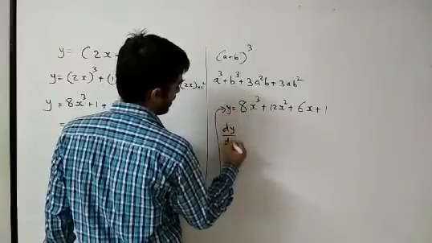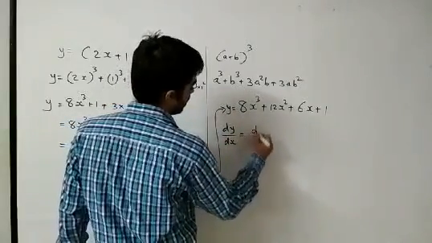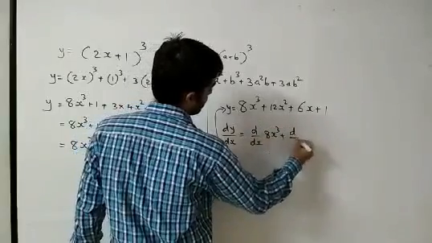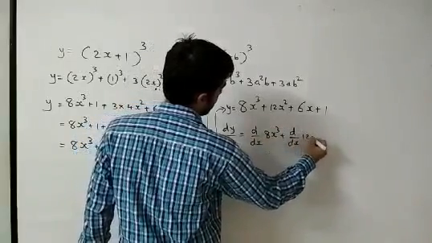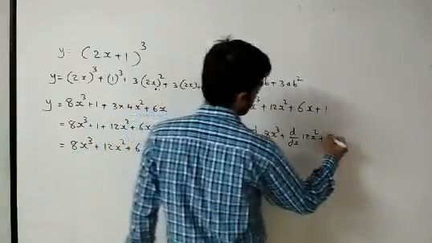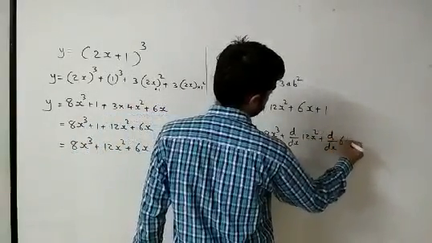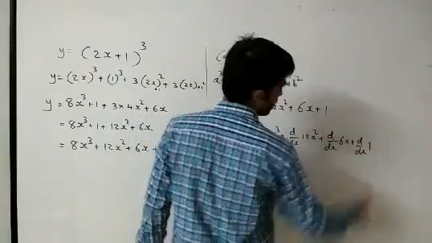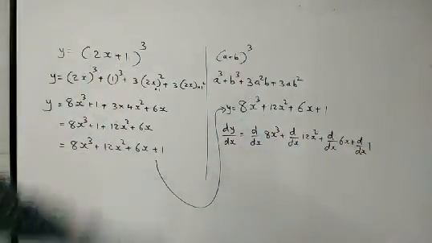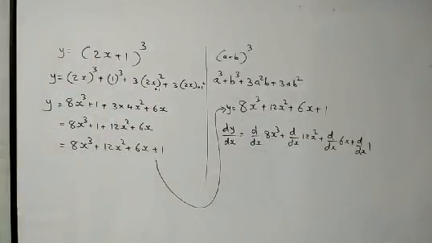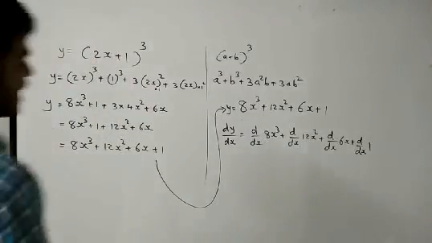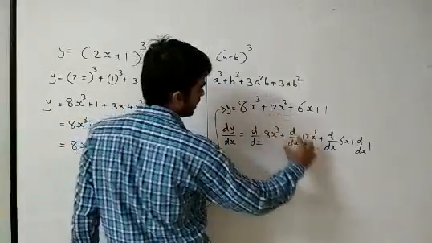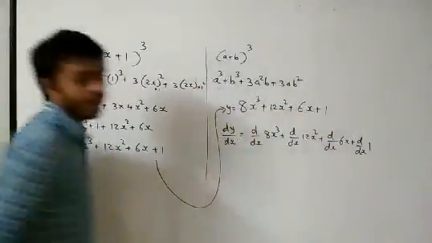So dy by dx is equal to d by dx of 8x cube, plus d by dx of 12x square, plus d by dx of 6x, plus d by dx of 1. Clear? Here I have just applied d by dx to each term.